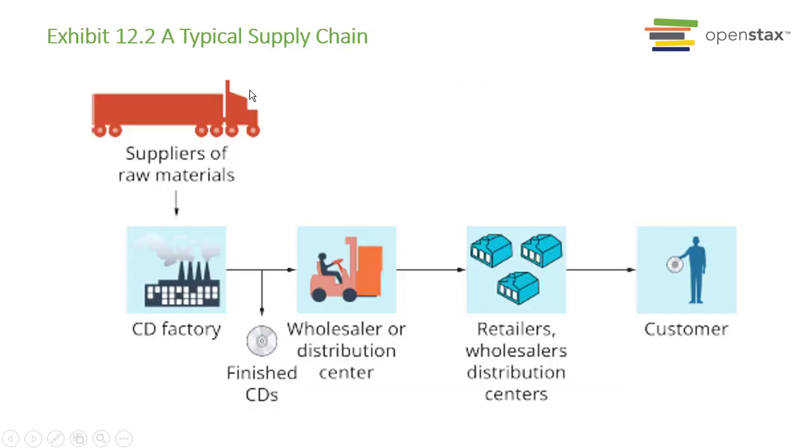You have from your author here a typical supply chain. There we go. Suppliers of raw material. There's a CD factory here. They finish the CDs, and it goes into wholesalers and distribution centers. And then a series of retail, wholesalers, distribution centers, and eventually to customers. Why is this important to know? Well, think about what happens from finished CDs to you. And more importantly, think about cost. What do you think?